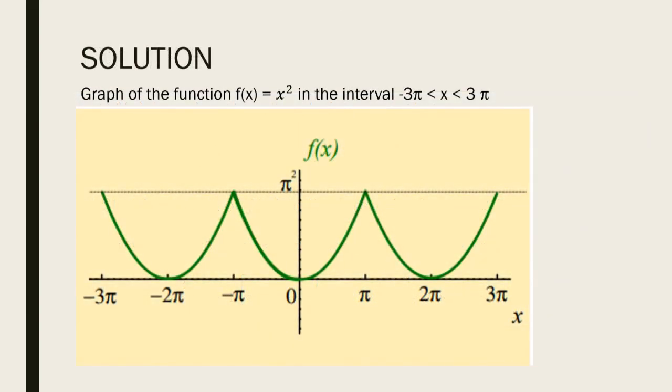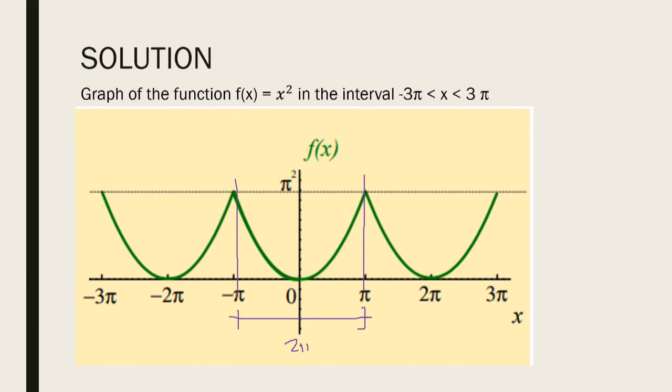So for A, we need to graph the function f of x equal to x squared from negative 3 pi to 3 pi. From the initial condition, from negative pi to pi, as you can see here, you already have the interval of 2 pi. So we just need to extend that from negative 3 pi to 3 pi. How do we do that?